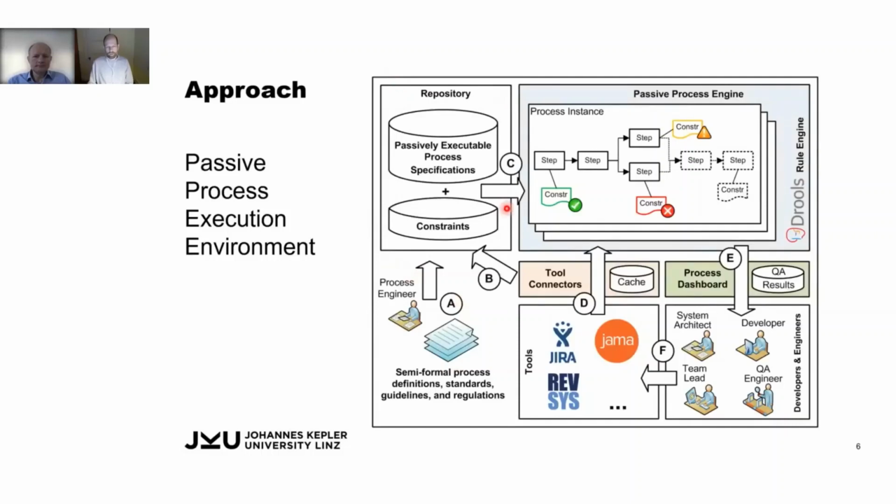And executable here means not that I enforce a process onto the developer, but rather I have something running in the background that represents what my process looks like. So by having these change events continuously coming in, I can check that my process step 1 has been started. But it doesn't mean that the developer has to say step 1 has been started; rather, we just observe from the changes in the different tools that step 1 is now started or complete.